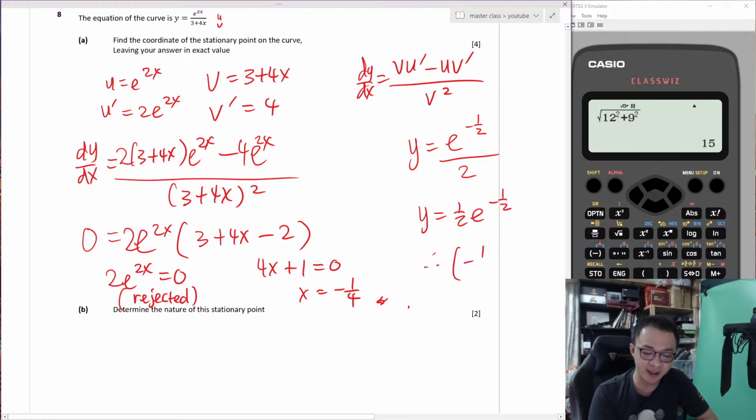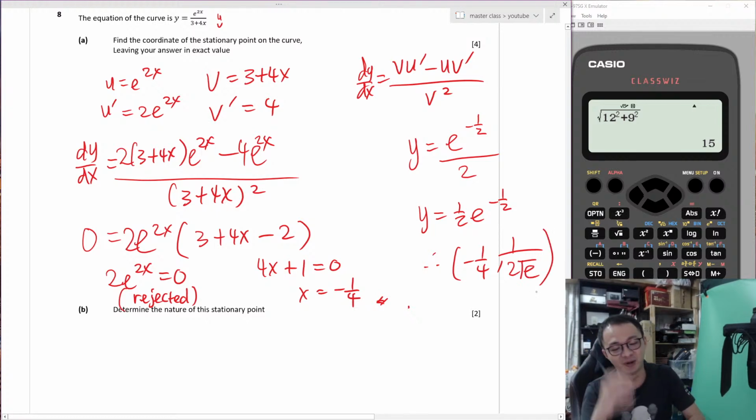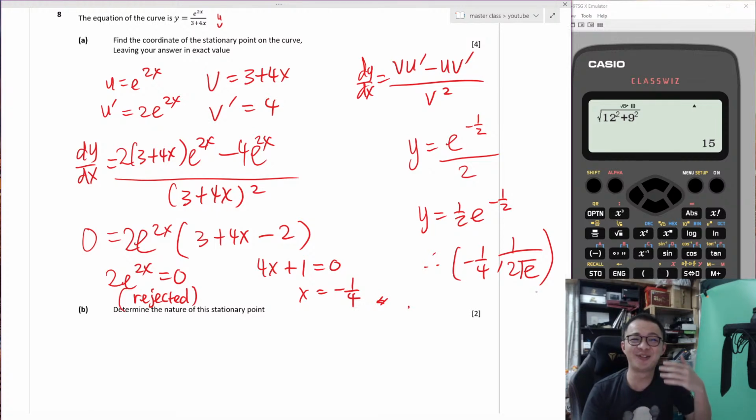Therefore the coordinate is negative 1 over 4, comma half e^(-1/2), or you can write 2 square root e, or leave it in index form, you should be okay. Yeah, I saw it: when I factorize, I realize e has different power. I know I did something wrong, because no matter how we differentiate, the power of e will not change.